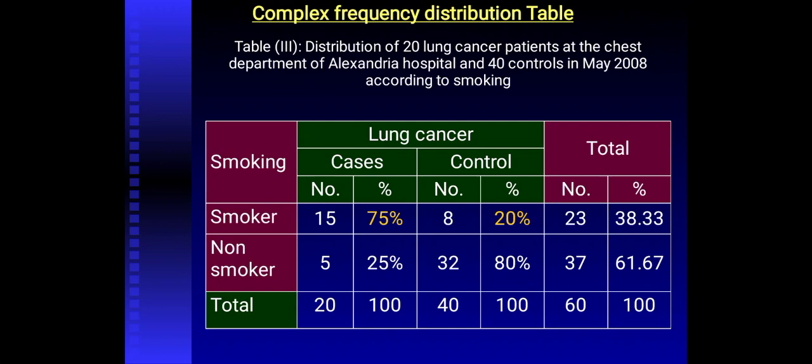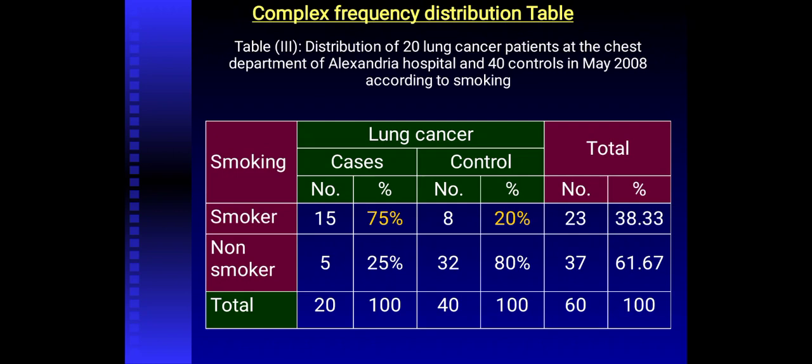Next one is the complex frequency distribution table. Here is the distribution of 20 lung cancer patients at the chest department of Alexandria Hospital and 40 controls in May 2008, according to smoking.